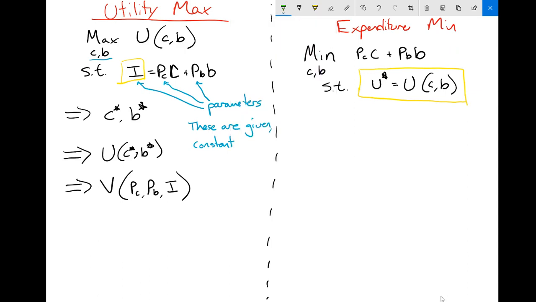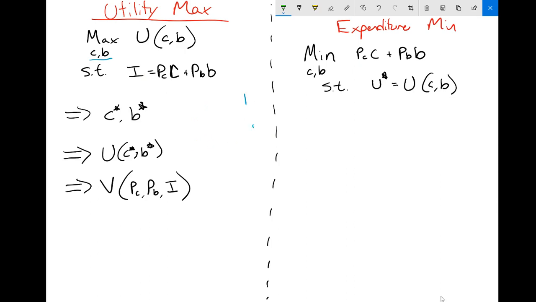All right, I'm just going to delete some of this stuff to make this really clear. With utility maximization, we maximize utility subject to a given budget constraint. With expenditure minimization, we do the opposite.